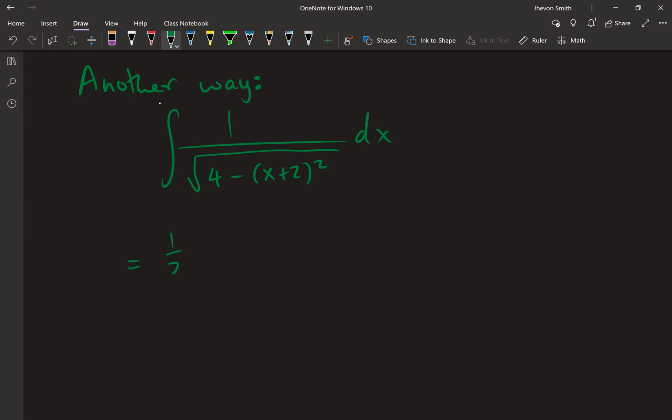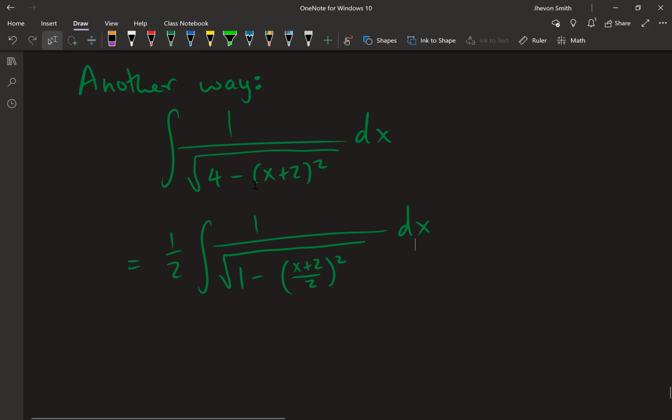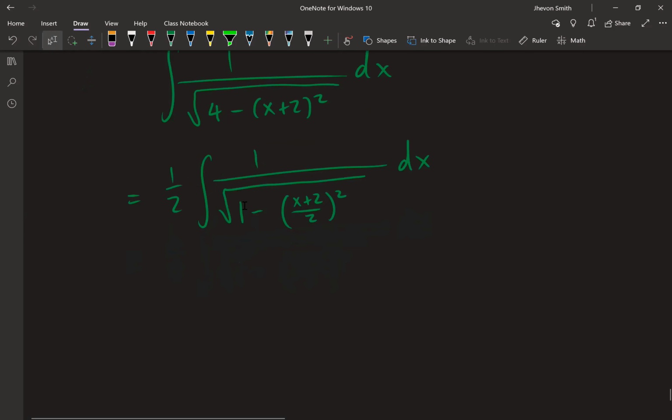Notice that this would give you 1/2 on the outside over the square root of 1 minus x plus 2 over 2 all squared. So you could have factored out a common 4.